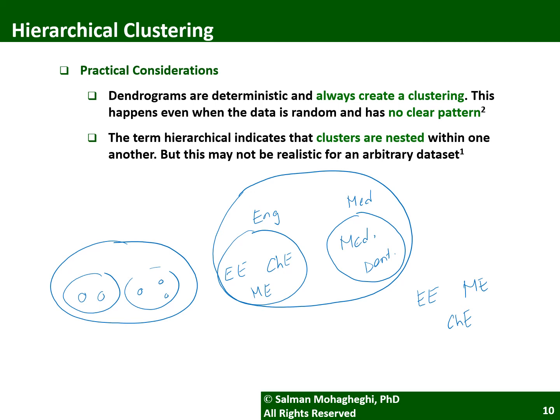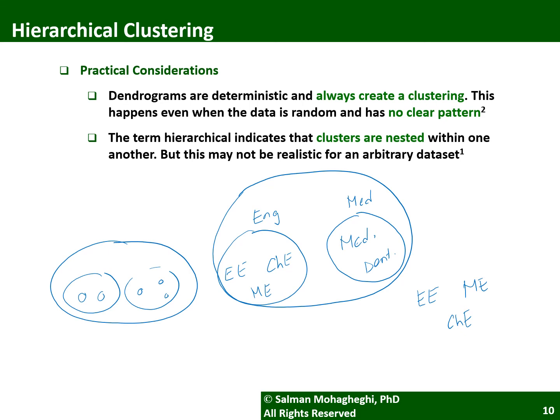There is really no relationship between the two. It's not like you should divide them based on whether they are men or women, and then divide men into EE, ME, Chemie, and women into EE, ME, Chemie. Essentially, for this data set, there are two possible solutions. One is that you have two clusters of men and women, or you have three clusters of EEs and MEs and Chemies.